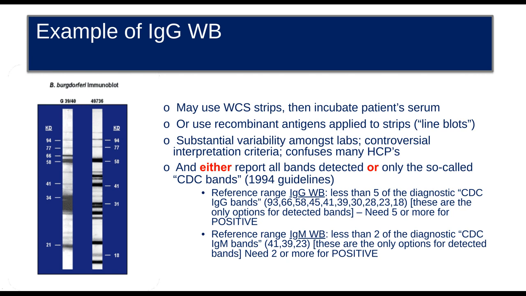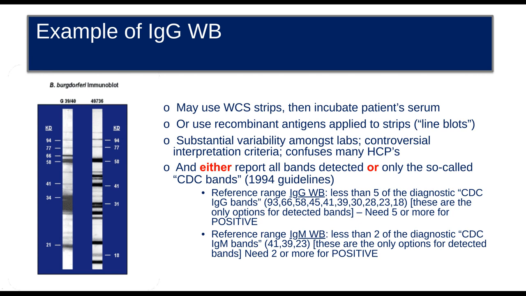I caution you not to compare Western blots. I think clinicians do fall into traps occasionally by saying, I did a Western blot on a patient and I did it again 6 months later and there was a new band there. Well, does that mean the patient has a new infection or has relapsed? Or was it just done technically in a different lab by a different technician and maybe a different methodology?